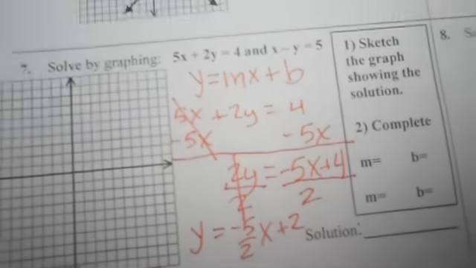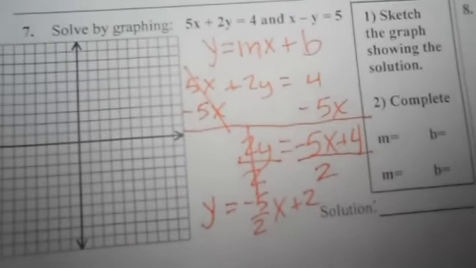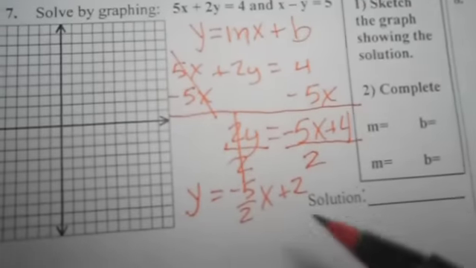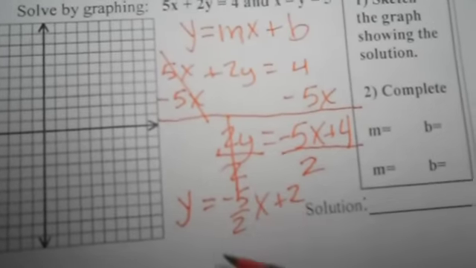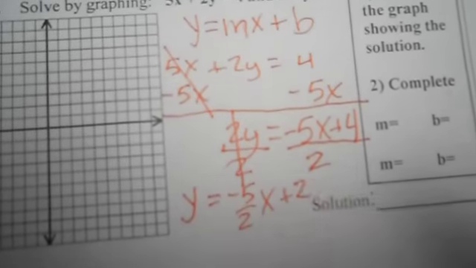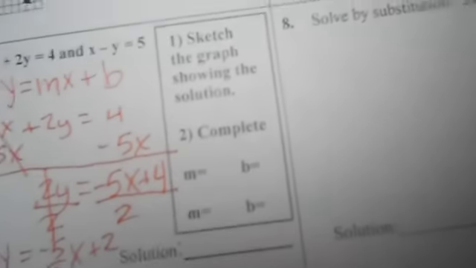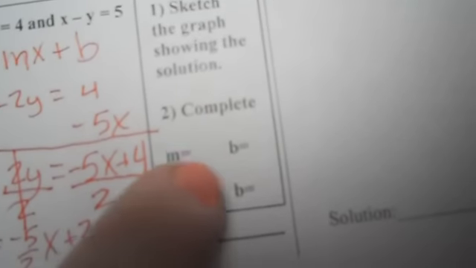So we've got our first equation written in y equals mx plus b form. Because y is by itself, we've got an m and a b. On this section, that's where you write your m and your b. M is negative 5 halves, and your b is 2.